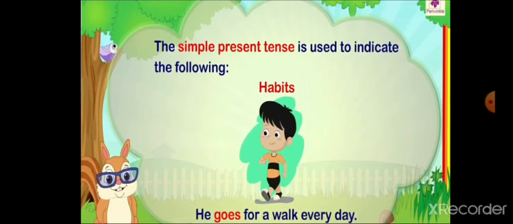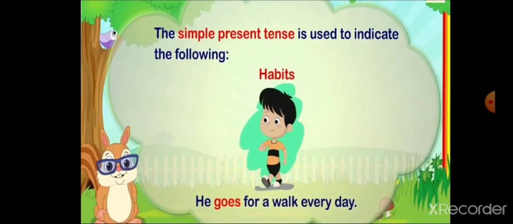Now, the simple present tense is used to indicate the following. Habits: whenever we talk about habits, we have to use simple present tense. Let's see the example. He goes for a walk every day.